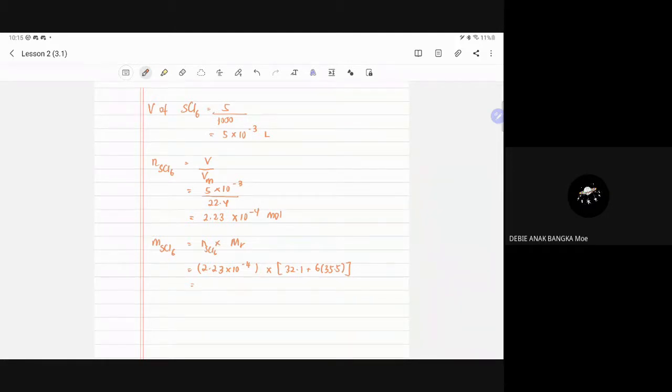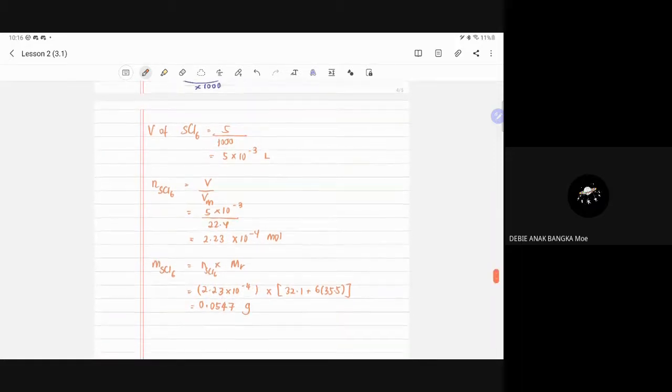Okay. So kalau kamu kira, kamu akan dapat mass dia, you should get 0.0547 grams. Okay. This would be the mass of SCl6.